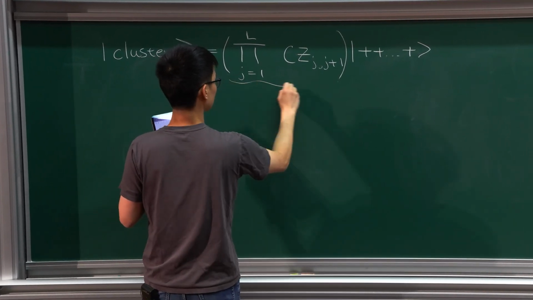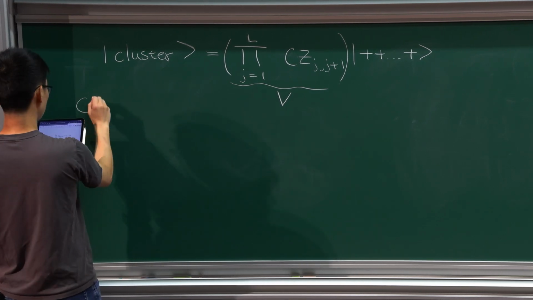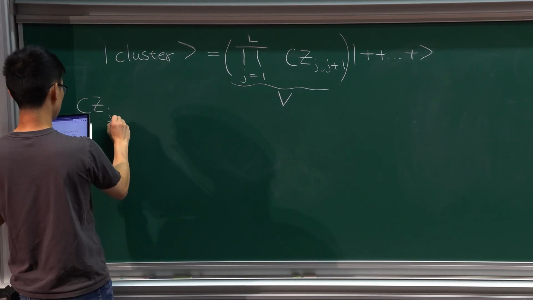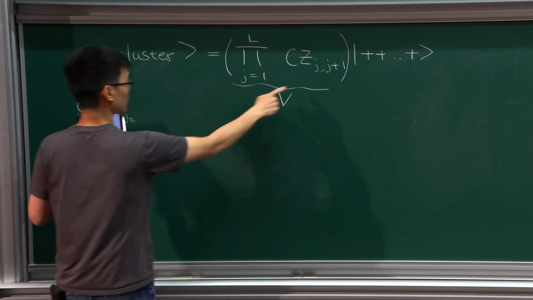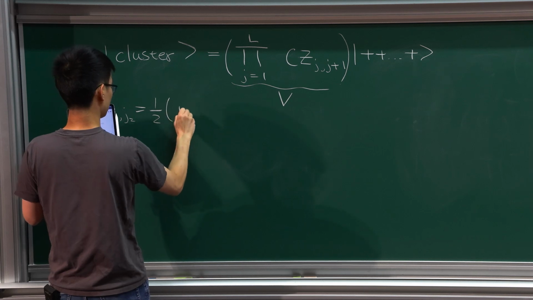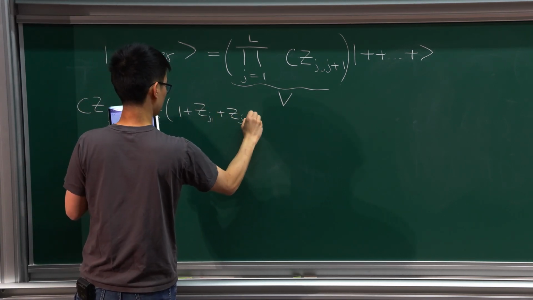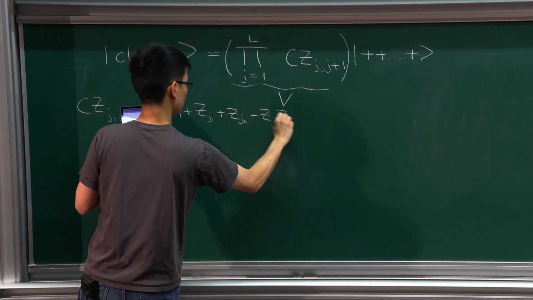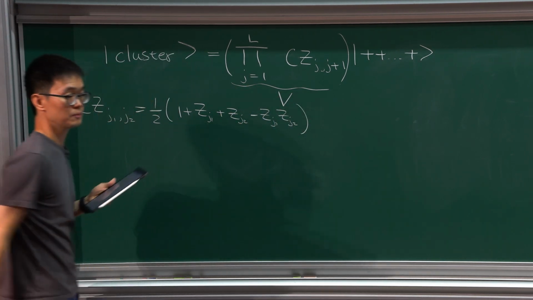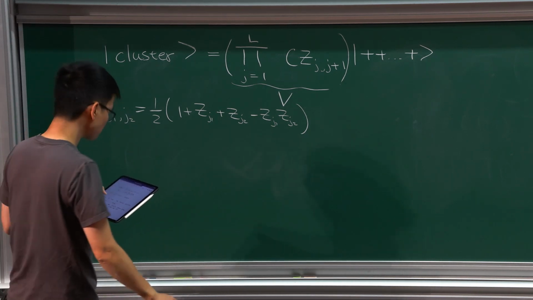This operator, I'll call V. And what is CZ? It's a control Z gate. It depends on two indices. So this is the explicit expression of the cluster state.